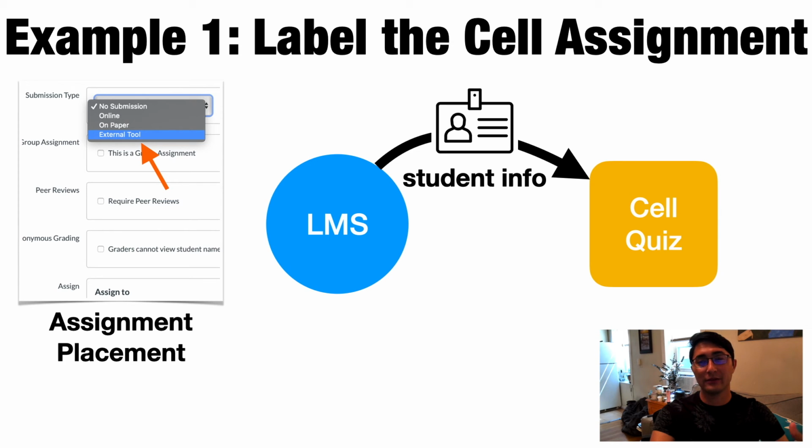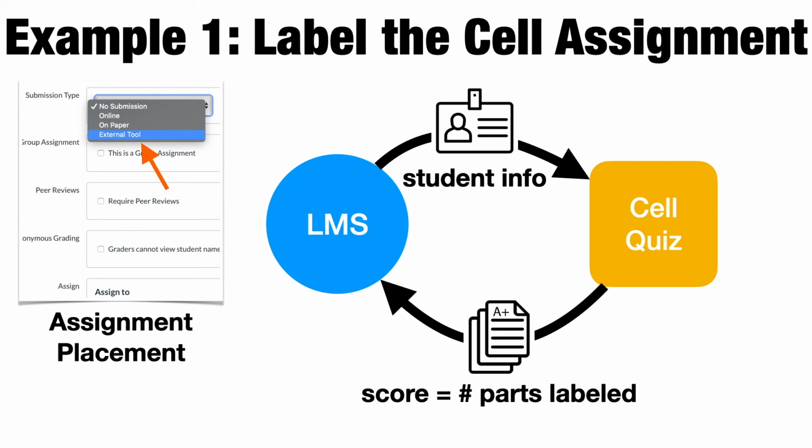So the cell assignment might use the student's name or student ID to help with that process. And then finally, because this is an assignment, we're going to be doing some passback. We'll be passing back the score, which in this case I think would be the number of parts that the student successfully labeled.